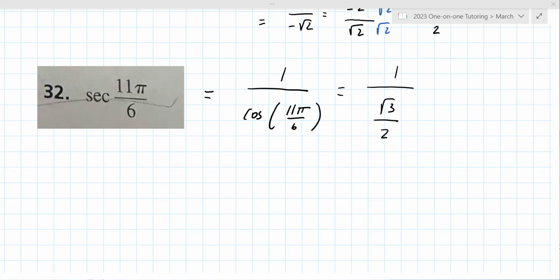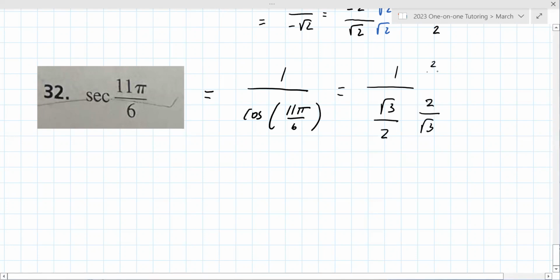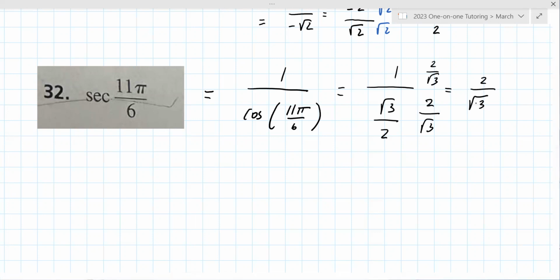So you multiply it by radical 3. I would first multiply by the reciprocal to get rid of the fraction. I just always get confused with the rationalizing. That comes next.